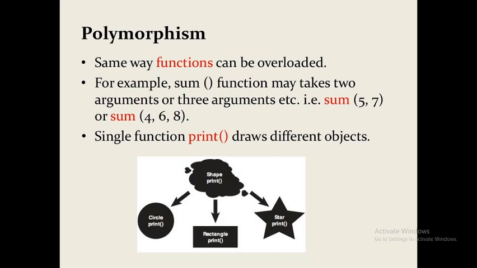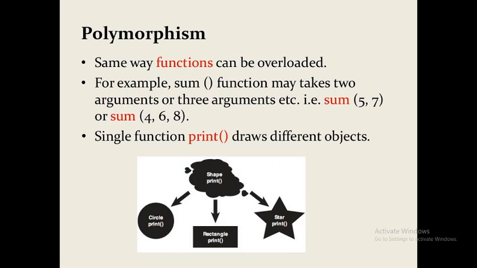And when you're talking about polymorphism as a feature of an object oriented programming language, there are two different types of polymorphism supported. The very first type is called compile time polymorphism, and the second type is called runtime polymorphism.